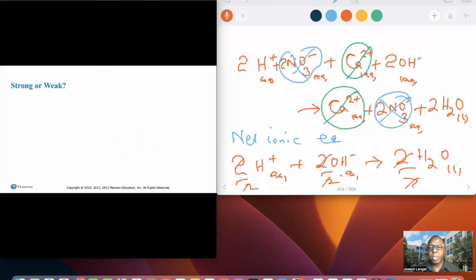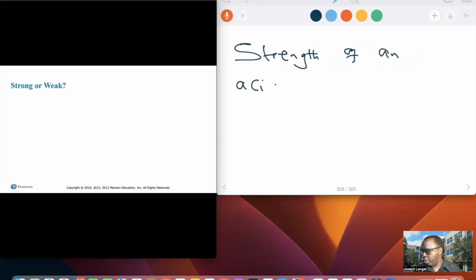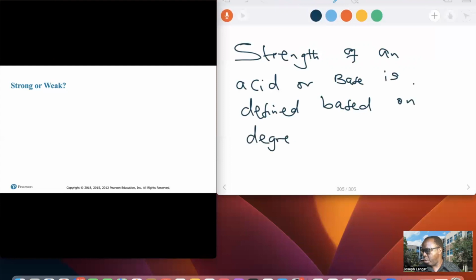What determines that is the strength of an acid or base. It is defined based on degree of ionization.